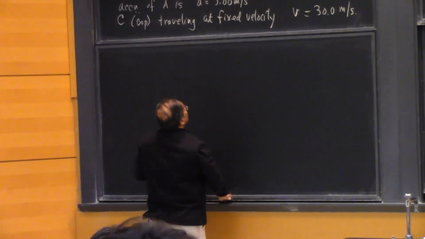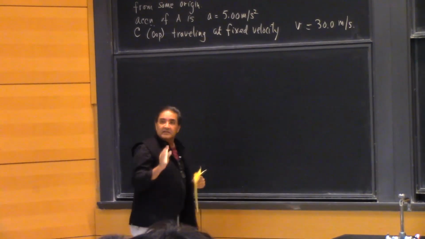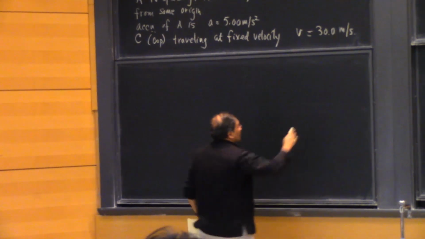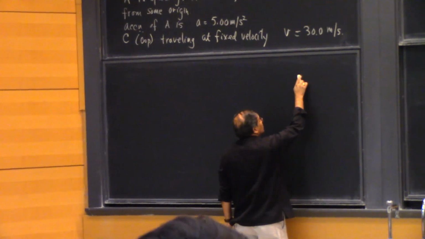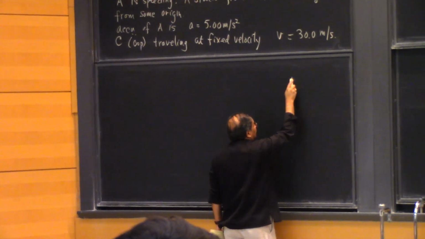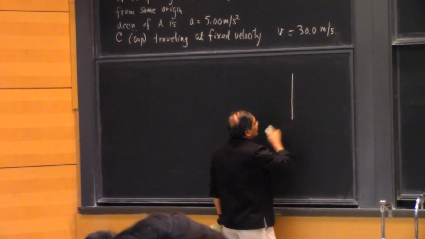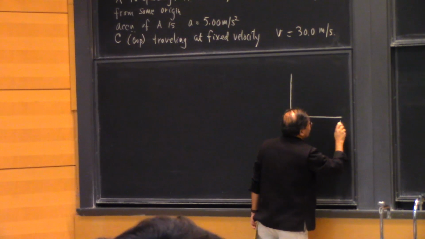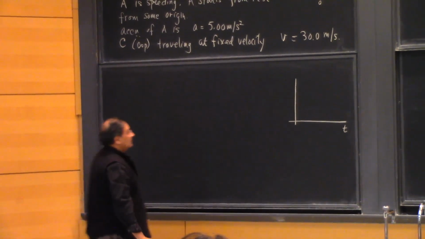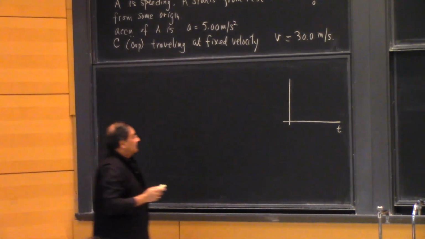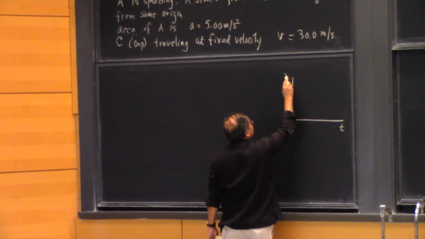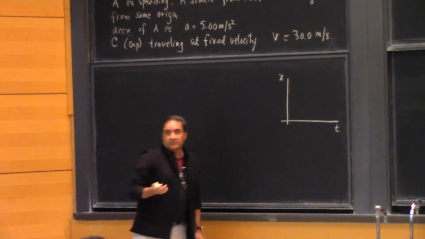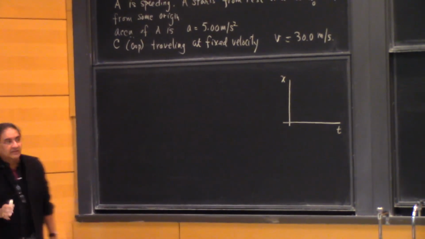Okay. So the first thing in this case that I'd like you to do is draw some kind of a graphical description because it helps you compute the problem. So let's say the horizontal axis here is time, and the vertical axis here is x. So the distance traveled, or the displacement rather, to be technically correct.